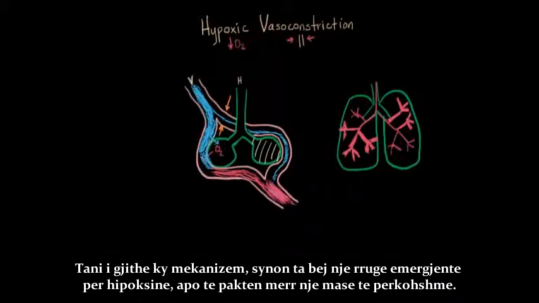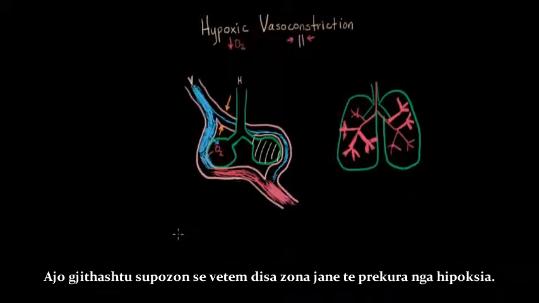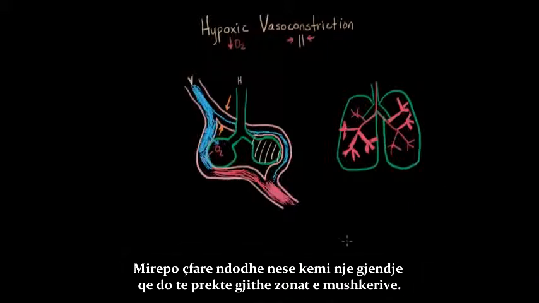Now, this whole mechanism was intended to be an emergency way of dealing with sudden hypoxia, or at least it's a temporary measure. And it also assumes that only some areas of the lungs are affected. But what happens if you have a condition that affects all the areas of the lungs?